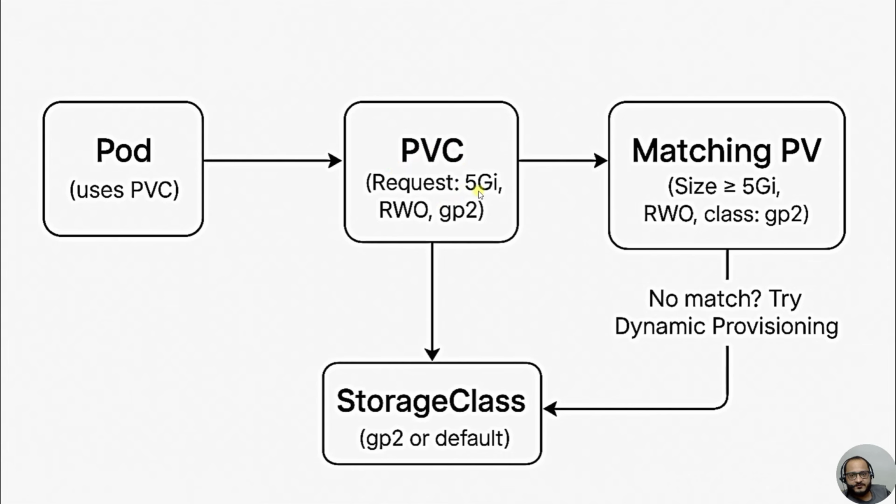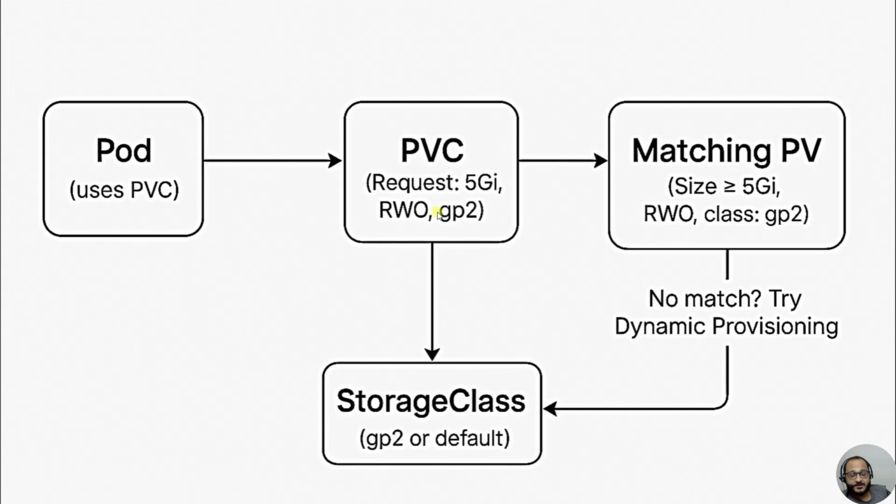If this configuration matches with an existing persistent volume, then it will be bound, or it will attach that volume to your application pod. If it does not match, then Kubernetes will try to do dynamic provisioning. So it will automatically create a persistent volume based on the configuration which you have defined.